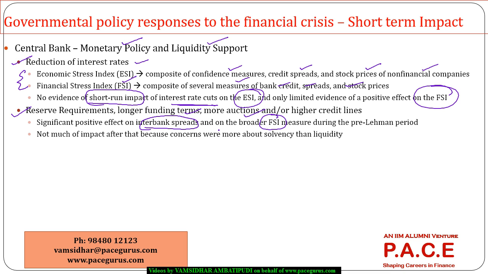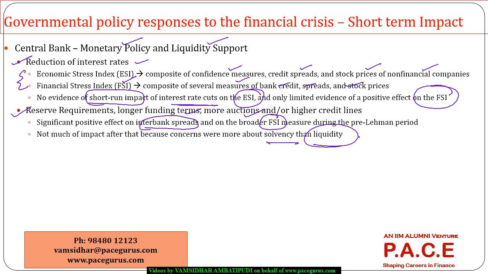But after the collapse of Lehman Brothers, even this could not show any kind of effect, which means all the policy changes relating to reserves, funding terms, auctions, etc. did not have any kind of impact on improving the situation, because more and more people started bothering about solvency compared to liquidity.